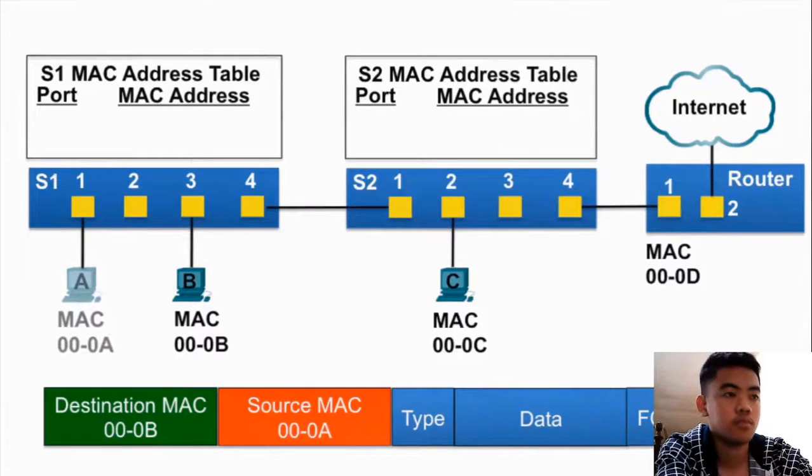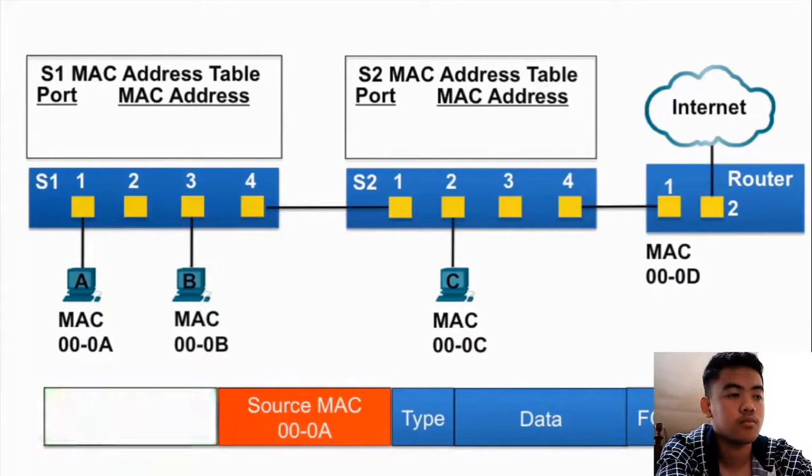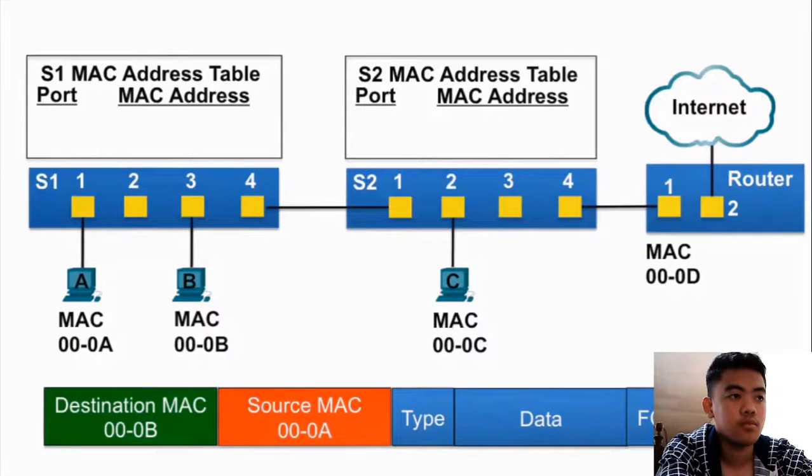PCA has an Ethernet frame to send to PCB. The source MAC address of the frame is 000A, and the destination MAC address is 000B. The Ethernet frame is sent to switch S1. S1 receives the Ethernet frame, examines the source MAC address, and notices that this MAC address is not in its MAC address table, so it adds the MAC address and the incoming port number.